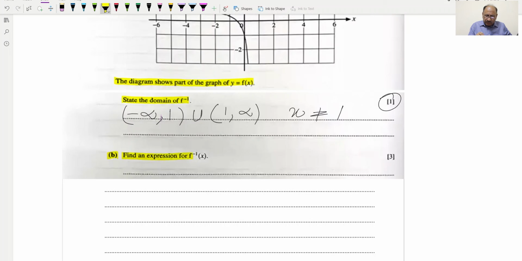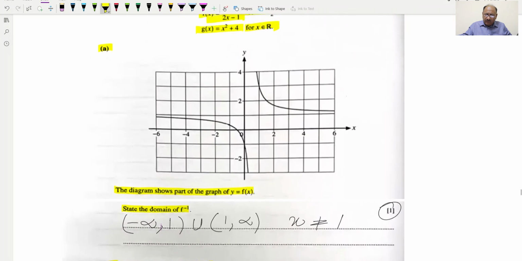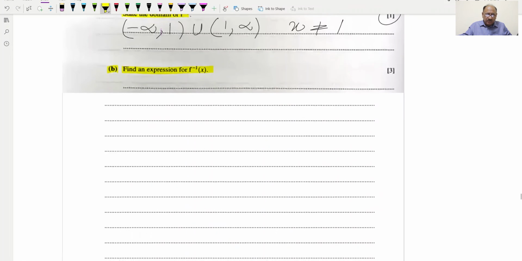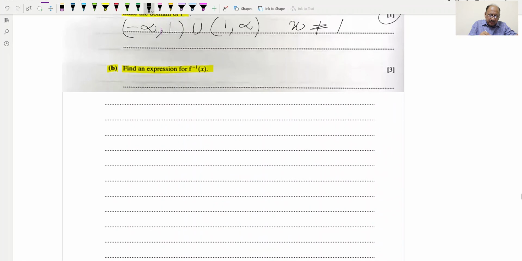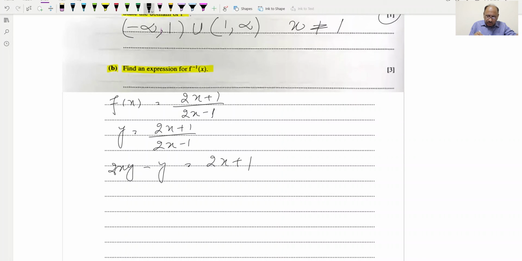Part b, find an expression for f inverse of x. f of x is given, which is 2x plus 1 over 2x minus 1. So we can write y is equal to 2x plus 1 over 2x minus 1. Cross multiplication, so 2xy minus y is equal to 2x plus 1, and this minus y we can shift to the other side, and it will be 2xy minus 2x is equal to y plus 1.